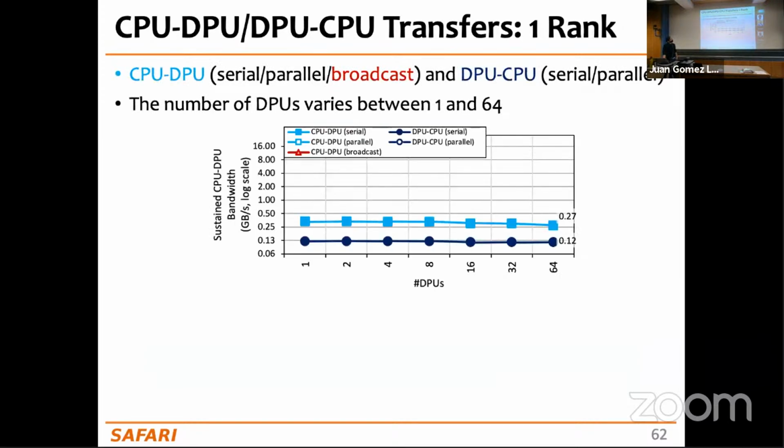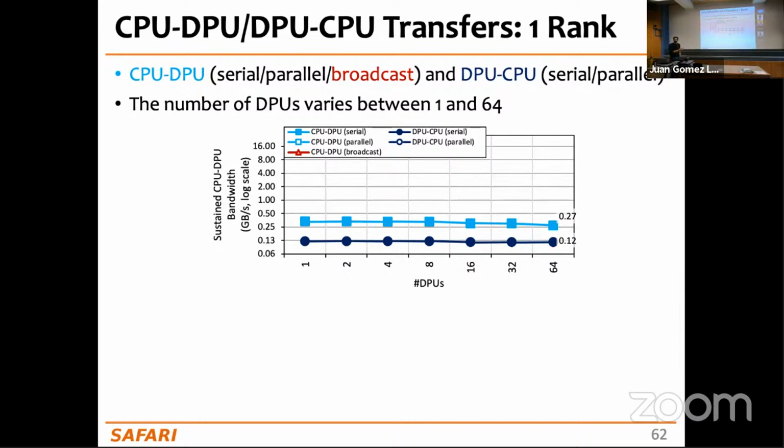Second set of experiments is for a whole rank, and here we vary the number of DPUs from 1 to 64, as I said. In the plot, you can already see the bandwidth results. I forgot to say that this is bandwidth in logarithmic scale, and these are the results for the serial transfers, CPU-DPU and DPU-CPU.